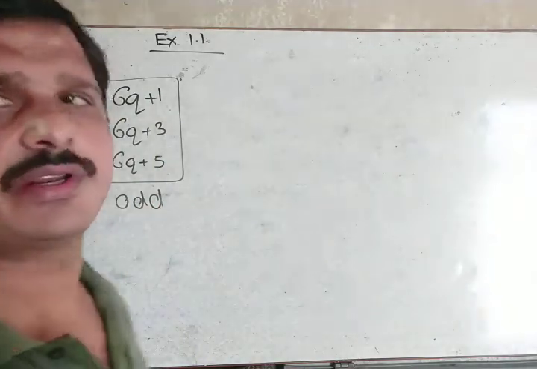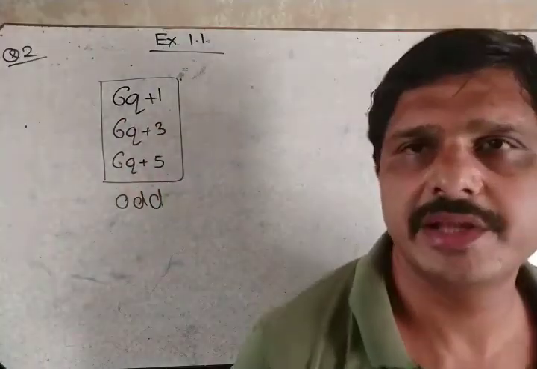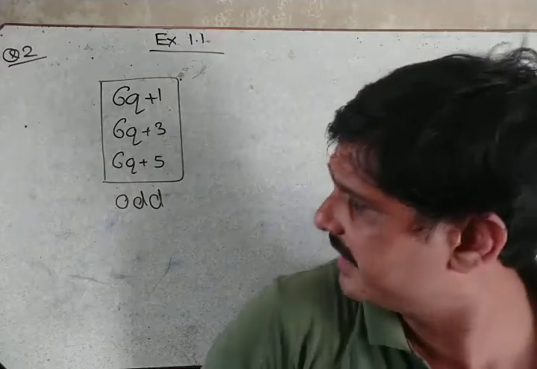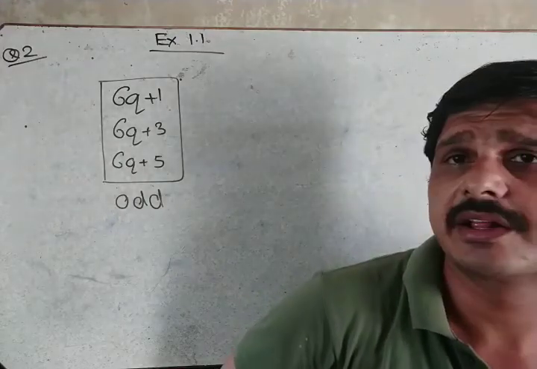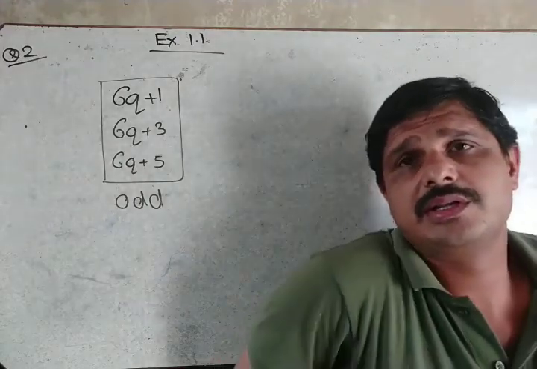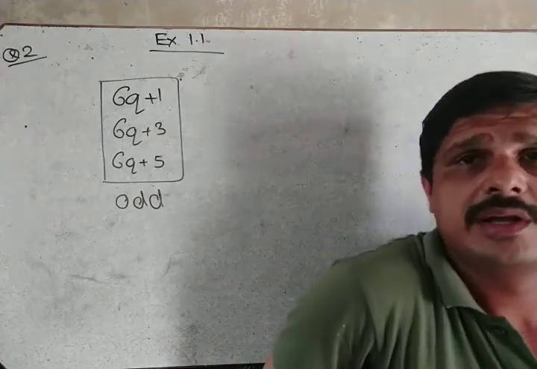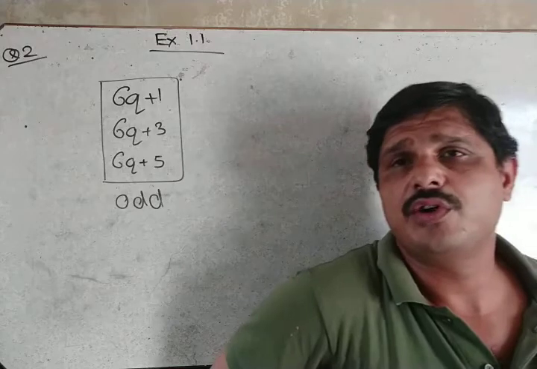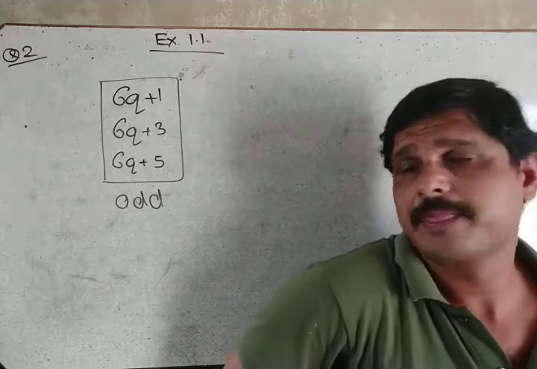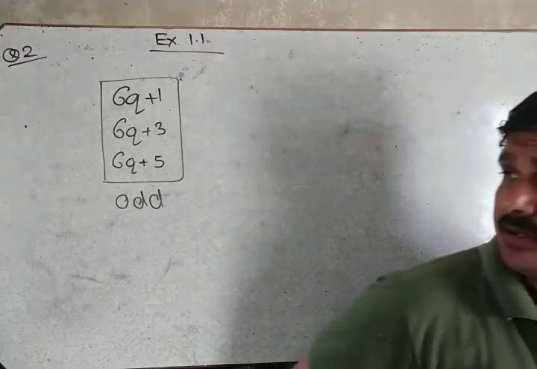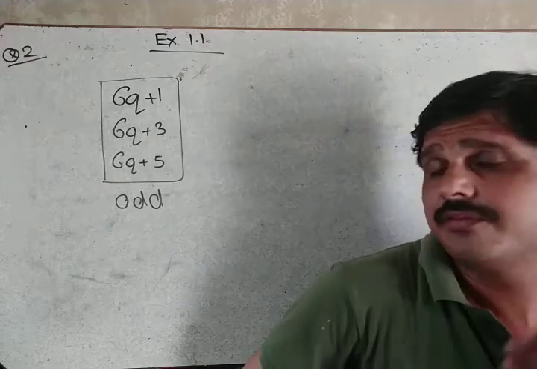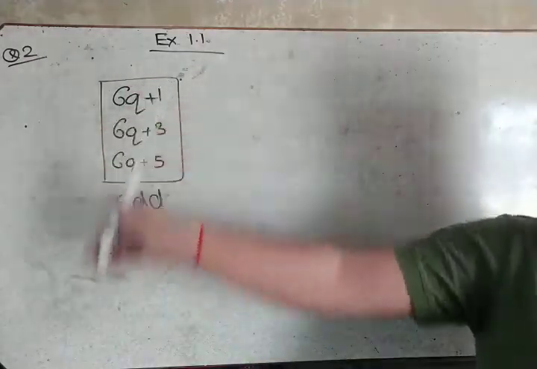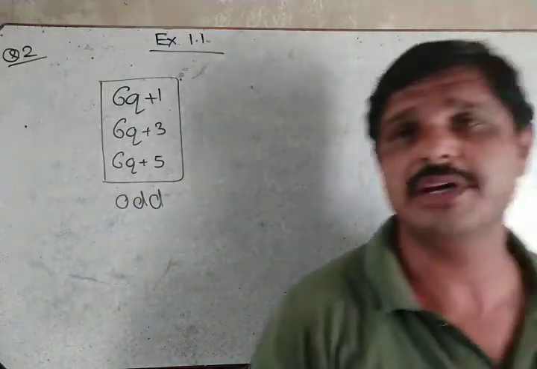You can read the question once again so you can understand. Although the result of Euclid division lemma is applicable for negative integers as well, for time being, if any odd integer is there and it is positive, then that number can be written in this form.